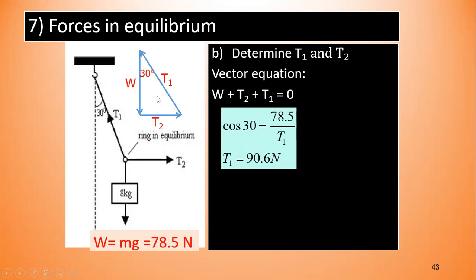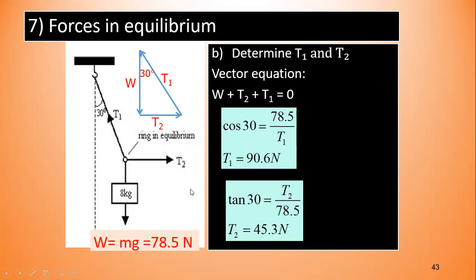So cos 30 is W over T1. From there, you can take the T1, cos 30 down, and calculate. And tangent 30 is T2 over W. Cross multiply. Using a calculator, get the answer.